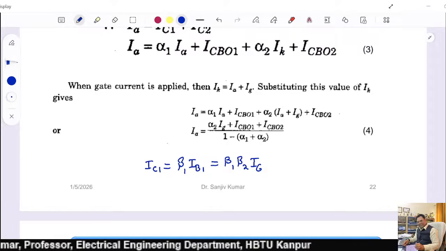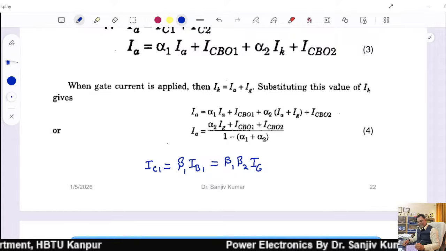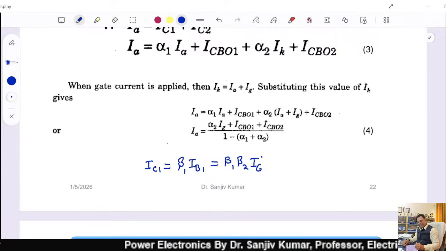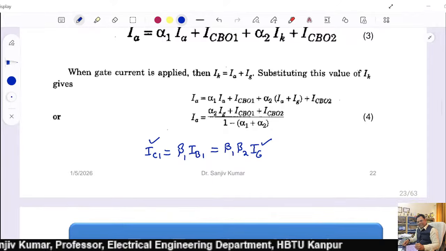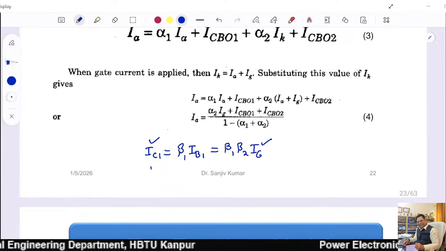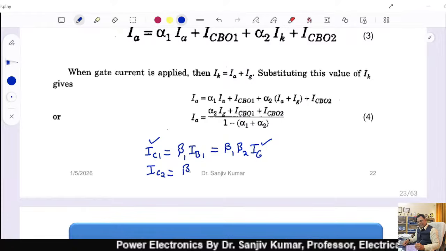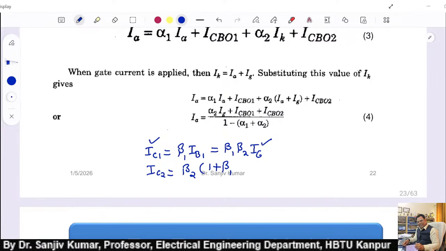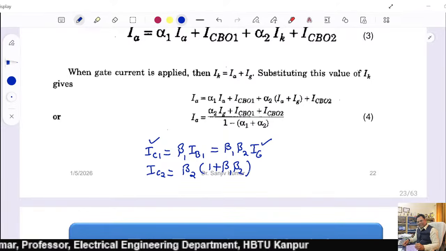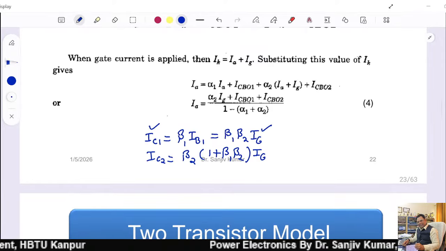So we can say when you increase gate current, your IC1 increases. Similarly, when IC1 increases, IC2 is also equal to what? Beta 2 times (1 plus beta 1 beta 2) IG. So that also increases.